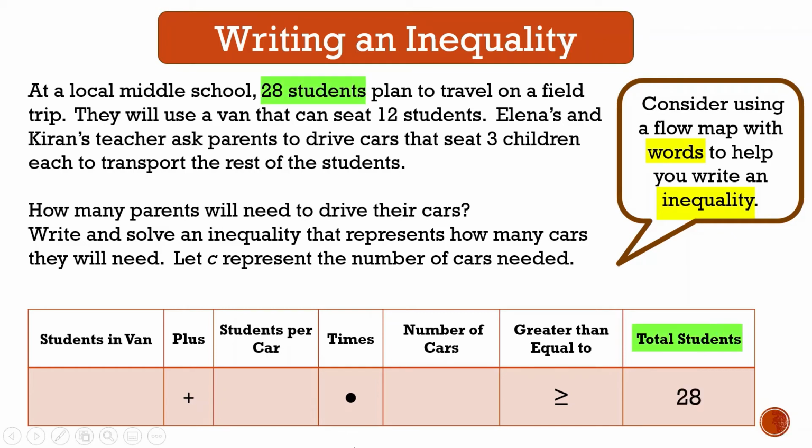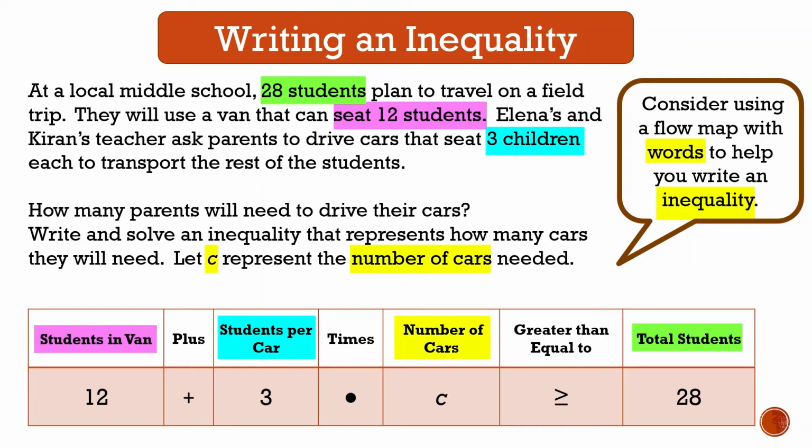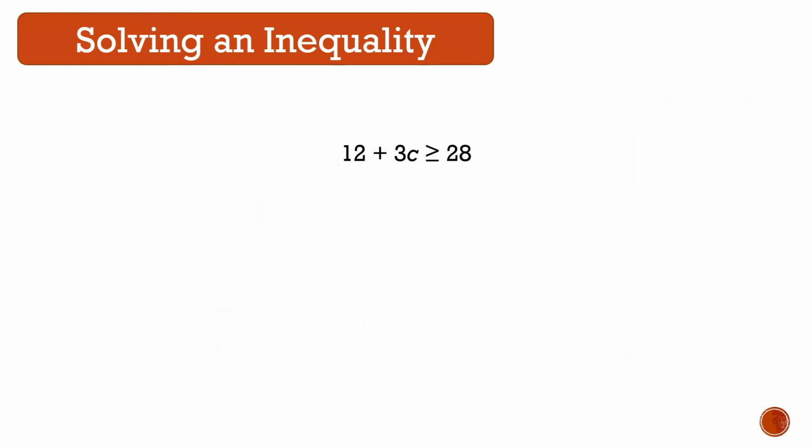There are 28 students that plan to travel on the field trip, 12 seats in the van, 3 children in each car. Let C represent the number of cars needed. Our inequality is 12 plus 3C is greater than 28.